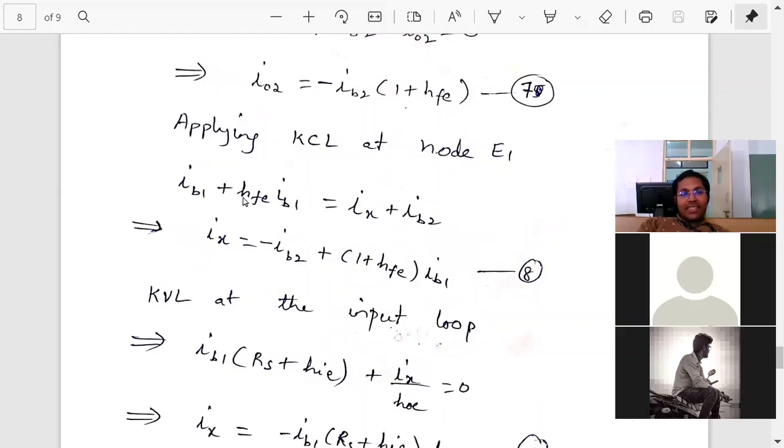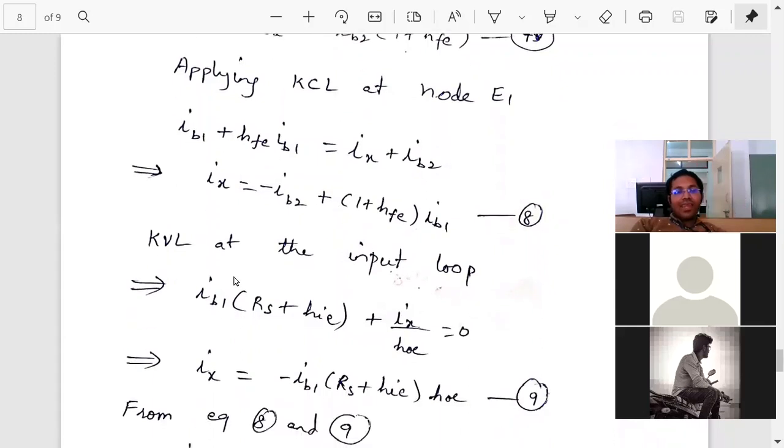Here I am exchanging LHS and RHS, just flipping, same thing. So my LHS is IX plus IB2 and my RHS is this term. IB1, if I take common, IB1 into 1 plus HFE. Now if I send this to the other side, plus becomes minus. So I will get IX equals IB1 into 1 plus HFE, minus IB2. Clear? So we are getting IX.